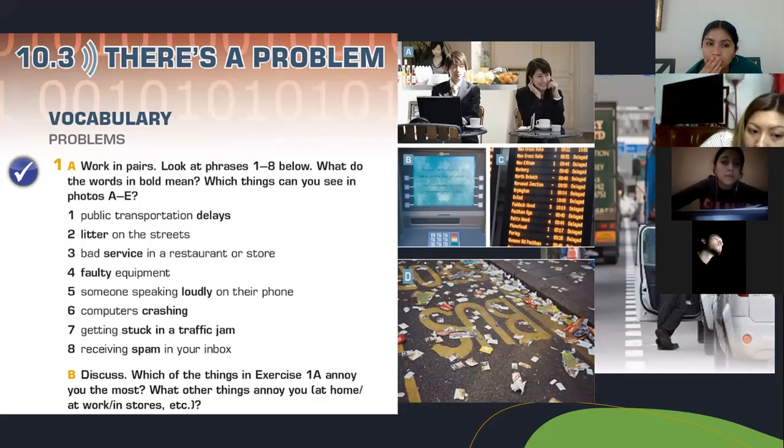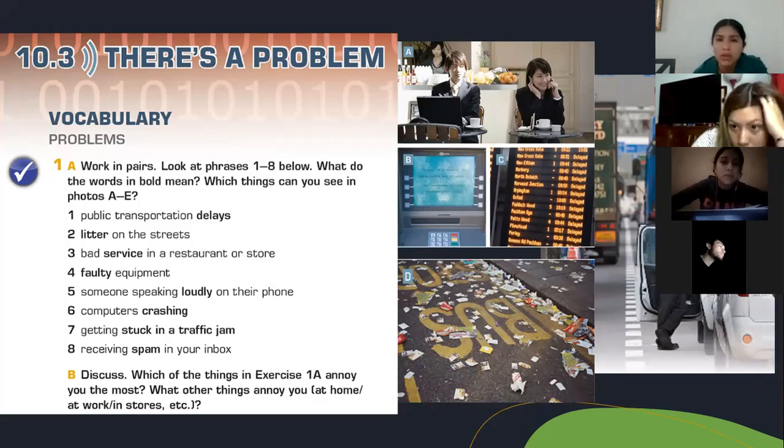Number 5, someone is speaking loudly on their phone. So let's say it seems that they are like at a restaurant or like a cafe. Or maybe the guy wants to be relaxed and she's talking on the phone and she's talking very loudly, right?